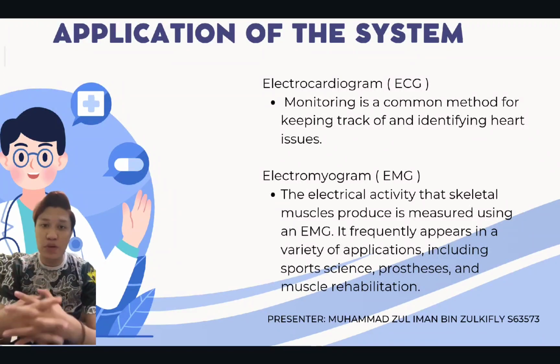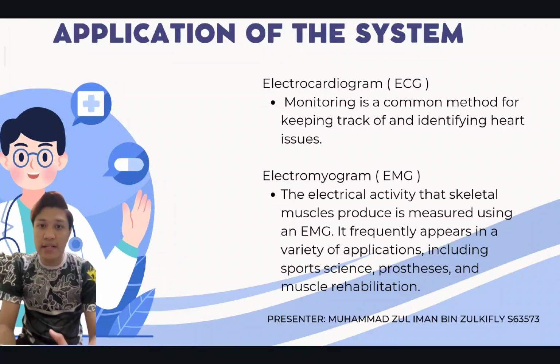Let's start with ECG monitoring, which helps track and identify heart issues. With Arduino, you can build a possible ECG monitoring system that records and analyzes the electrical activity of the heart. Here's a simplified process. The first one is attach ECG electrodes to the patient's chest. Second, amplify and filter the electrical signal using Arduino's instrumentation amplifier.